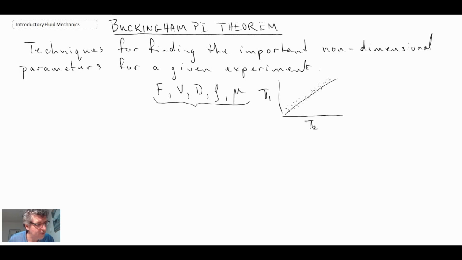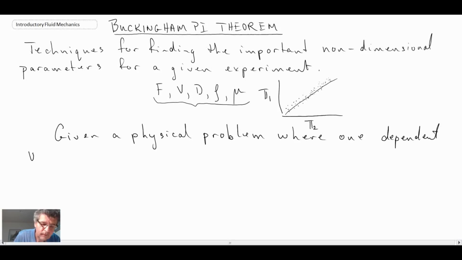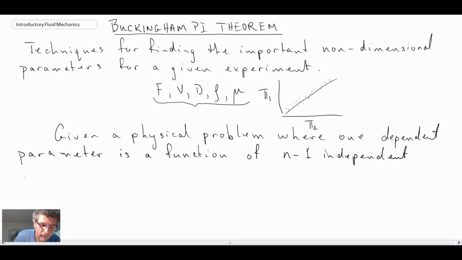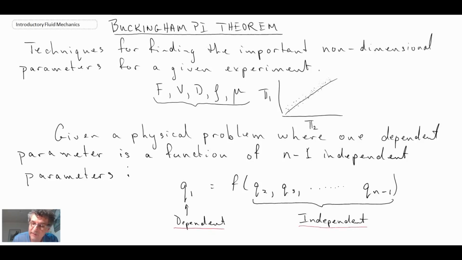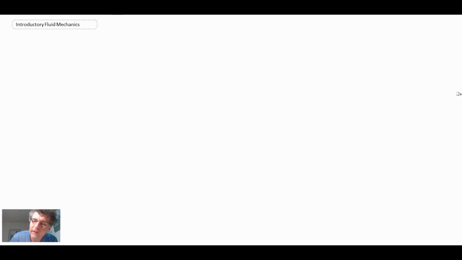So what we're going to do is begin with a generic type of scenario where we have some functional relationship. So imagine we have a scenario where we have a number of parameters, and we can have parameter q1, which we will call our dependent parameter, and then the independent parameters are q2 through qn minus 1. So let's imagine we have that scenario, or we could rewrite that in the following manner.